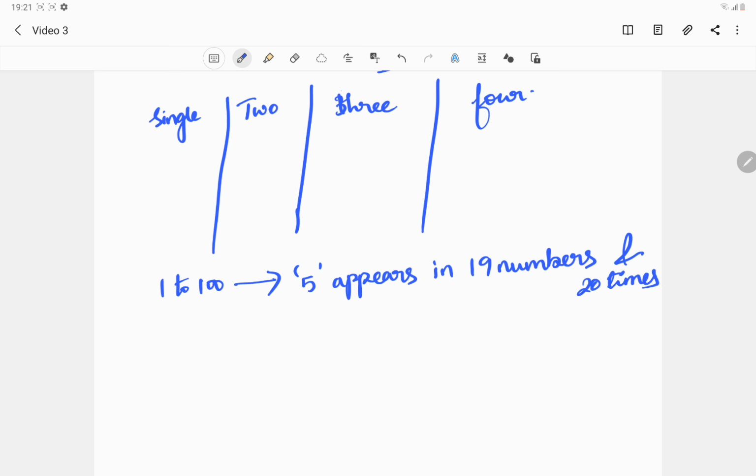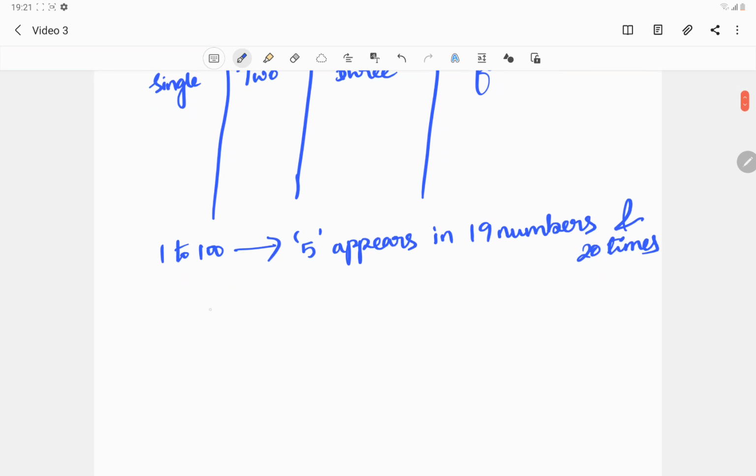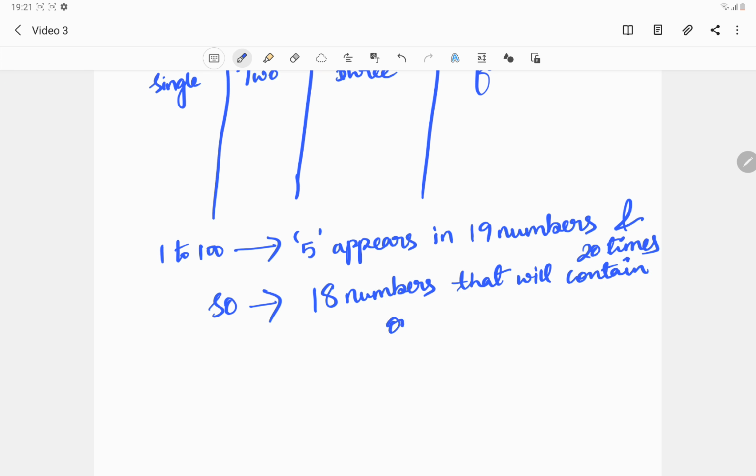Now we are looking for those integers which contain only one 5. So as we know, there will be 18 numbers that will contain only one 5.